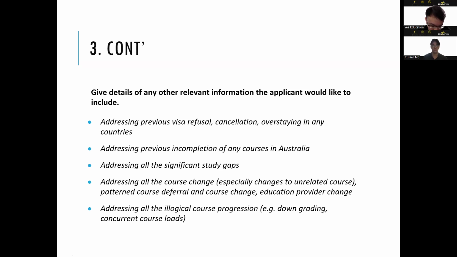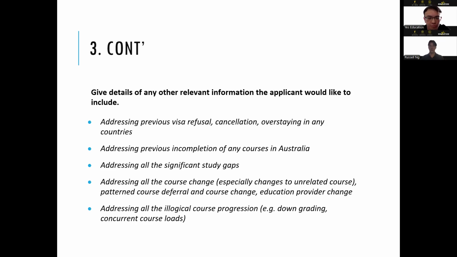And then you need to address all the illogical course progression, for example, downgrading or concurrent course loads. Downgrading is like your first course is at a higher level, for example a bachelor, and then you're downgrading to a diploma.